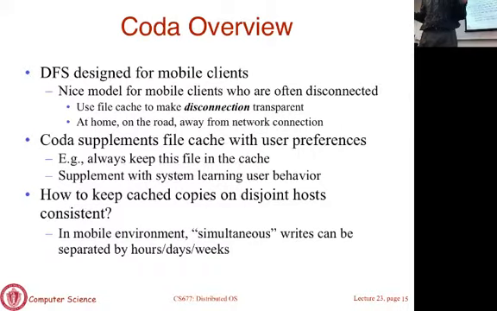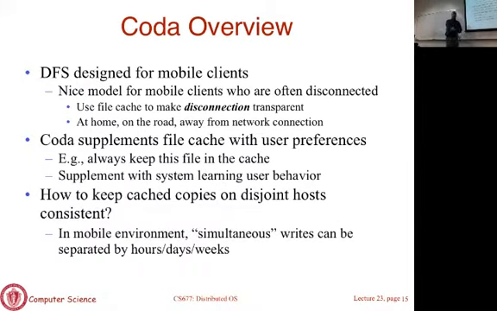You can't do anything. In disconnected mode, actually you keep a cache of the mail that the server has in your browser cache. So you can continue to access your Gmail even if you are disconnected, and you can work on your mail, and later when you reconnect, it resynchronizes. So these are ideas that originated in Coda 15-20 years ago that are appearing in other systems. In this case, Gmail's disconnected mode. That's the basic idea.